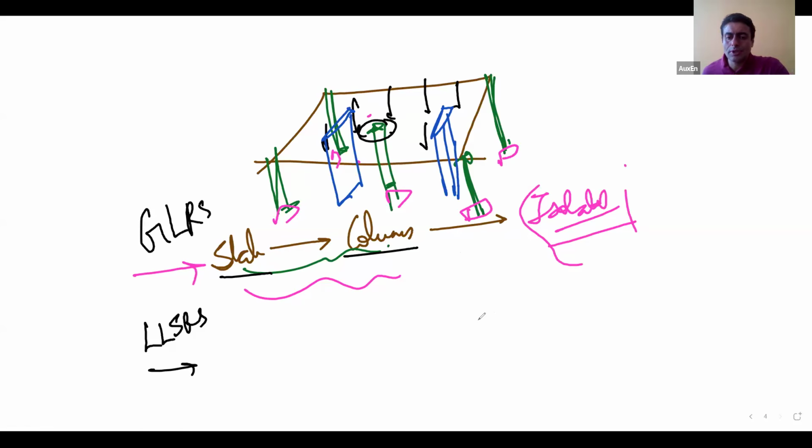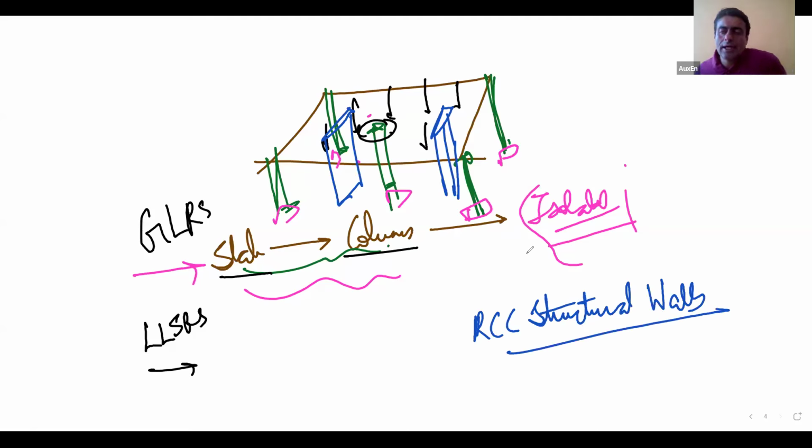See, in this course, just one clarification. RCC structural walls is the technically appropriate term. This means a wall which is reinforced and which is able to take axial forces in plane and out of plane moments. But the common word that is used for RCC structural walls is shear walls, isn't it?